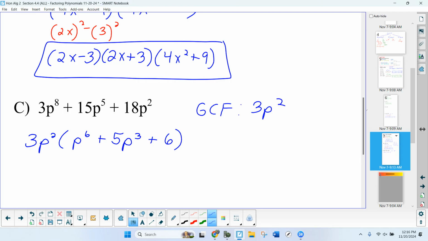Like x squared, x, constant. If you have x to the 6, x to the 3, constant, we can factor it. If you have x to the 4, x squared, constant, we can factor it. If I have x to the 10, x to the 5, constant, I can factor. I'll show you how in a minute. But do you see the pattern that I'm telling you we can factor?